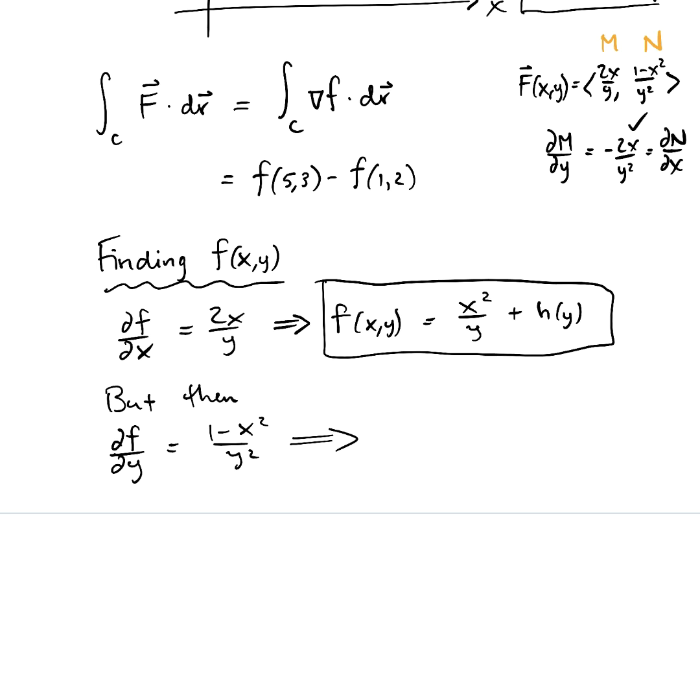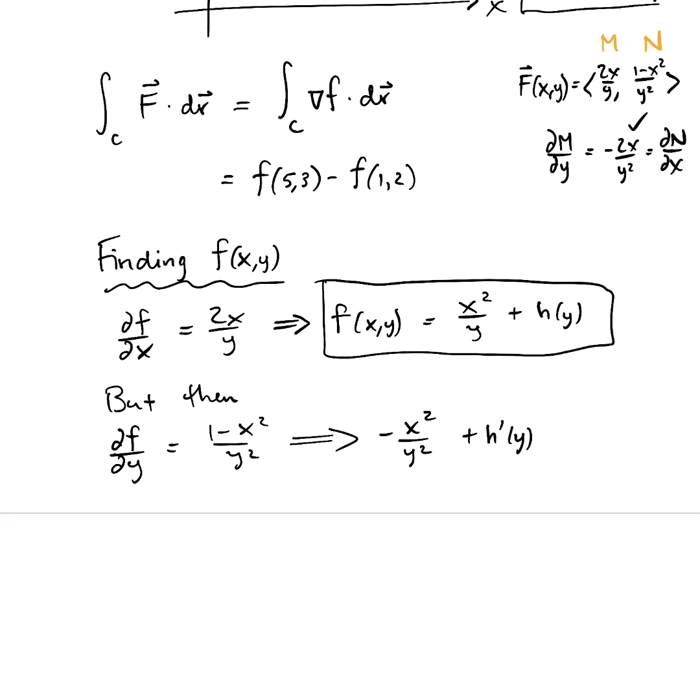So you get negative x squared over y squared. Remember, x is a constant as far as y is concerned, plus h prime of y. That second bit has no x's in it, so partial with respect to y of that bit is just a regular old derivative.